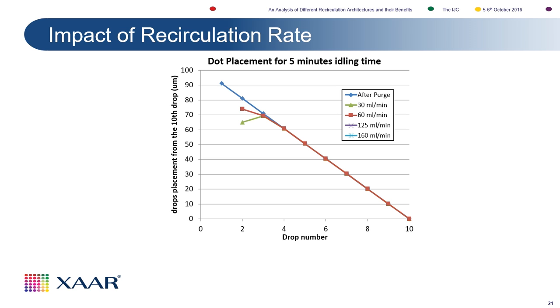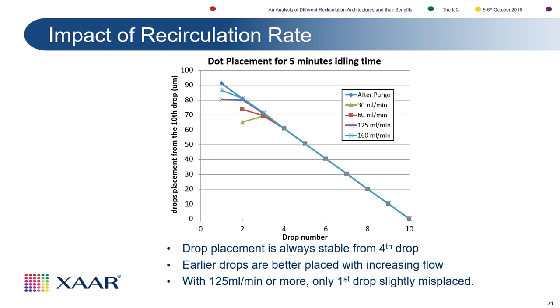You increase the recirculation rate, first of all you get better placement at the second drop, and then the first drop appears, and then eventually, at the highest recirculation rate, you get the best placement. So we've shown that the fourth drop is always stable, and increasing recirculation rate mitigates the effect of nozzle latency.